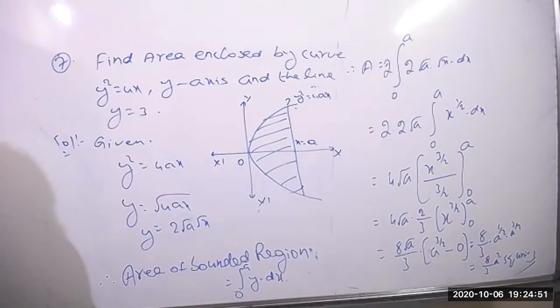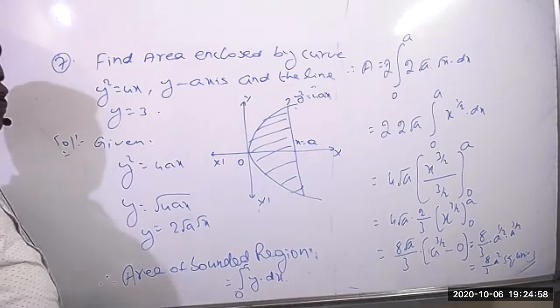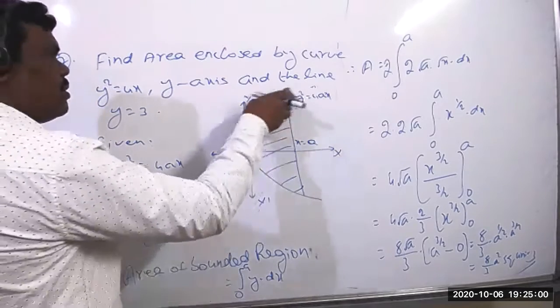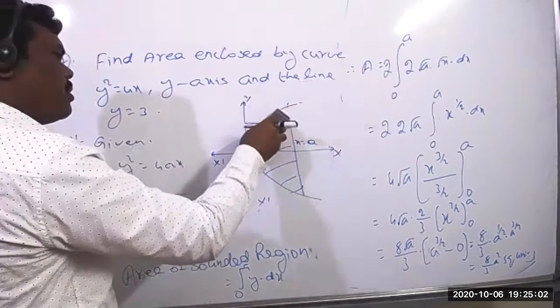Always, the graph is the more important. If you have clarity on how to get the graph, then whatever problem they are asking, we can easily solve it.